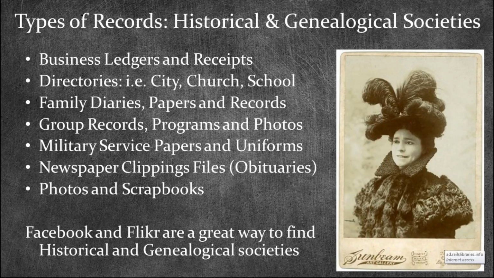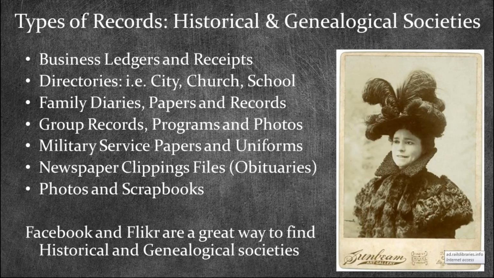So family diaries, papers, records. Now, when you're dealing with these types of records, like I said, they're not drilled down to the individual surname. So when you go to a genealogical society or a historical society, you need to be very broad, and your patrons need to be very broad in what they're researching. Because if you go in and say, I'm looking for information on John Smith, is there a family diary?